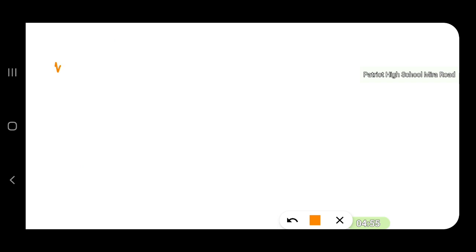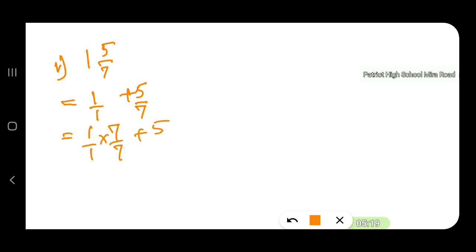Fifth sum. 1 integer 5 upon 7. It can be written as 1 plus 5 upon 7. Now we need a common denominator, this is 1 upon 1. We need a common denominator which is 7. So we multiply 1 upon 1 by 7 upon 7 plus 5 upon 7.